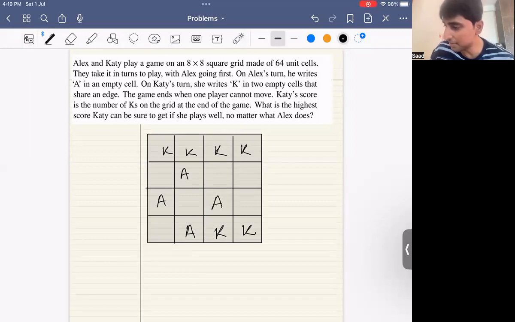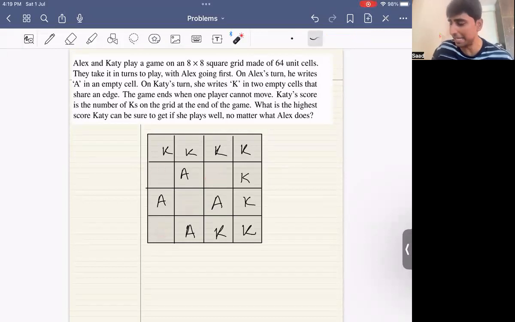And when I've done this, then Katie will possibly take these two, or these two, no matter what she takes. Now I'll take one, and Katie has nowhere to go. Katie can't take these two, Katie can't take these two. So that's what Katie can score, and that makes a total of Katie's score as 8, if you like.